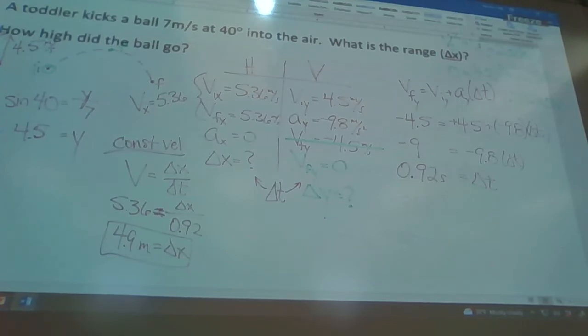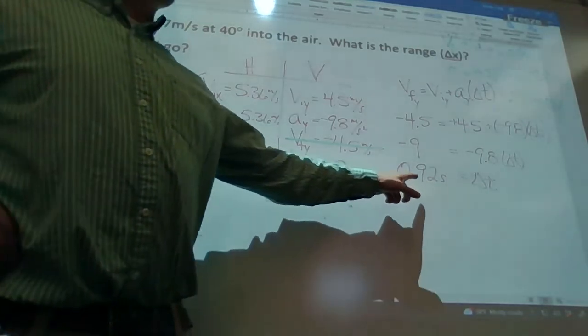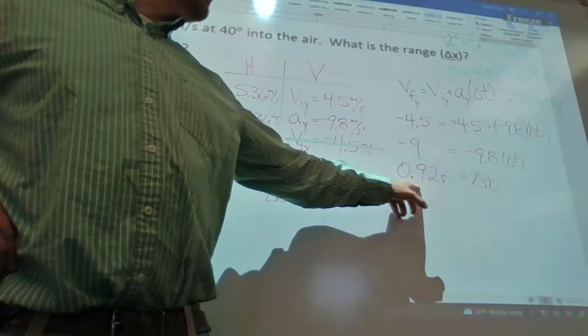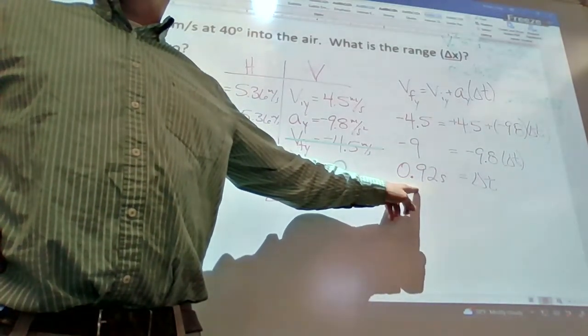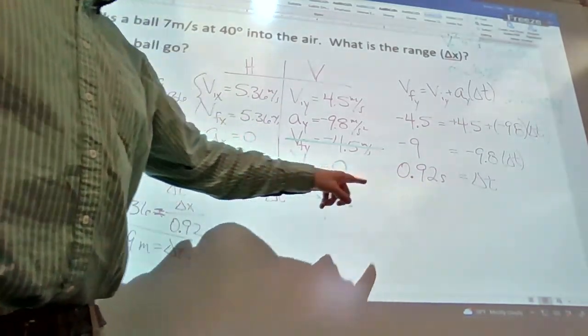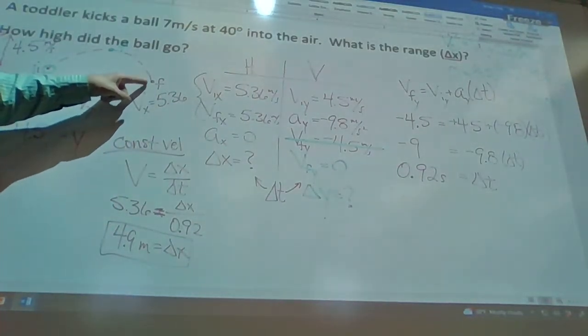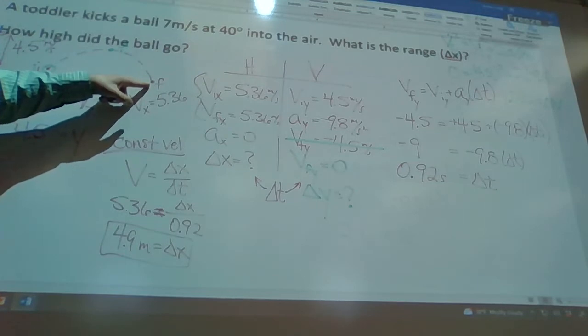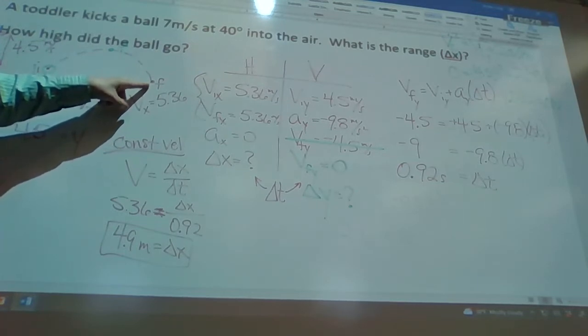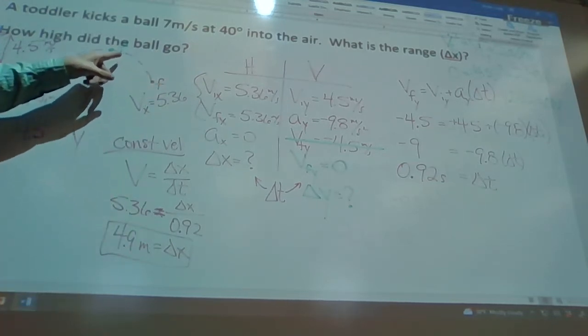Now, if you wanted to incorporate the time, where was the ball at 0.92 seconds? The ball is right here. So if you wanted to incorporate the time that we found from the previous, that's fine.